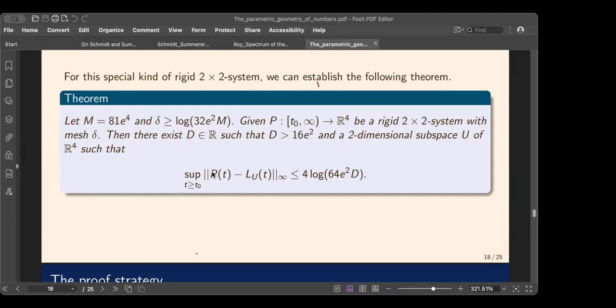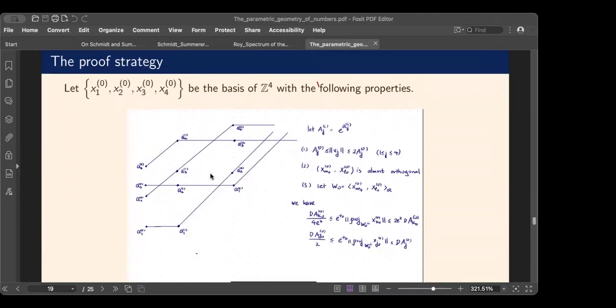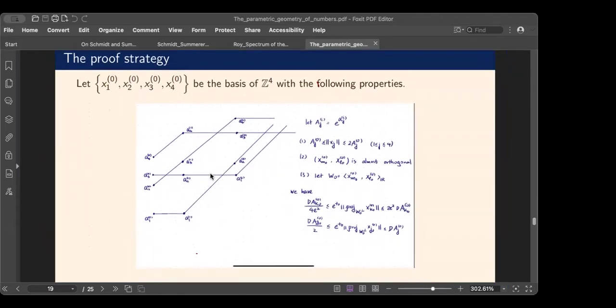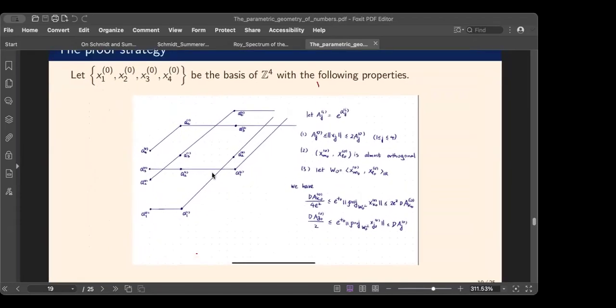Wonderful. Okay, so let's continue. I want to say something about the proof. Here I want to use the induction theory. So I will begin with a basis of Z2 satisfying the following condition.